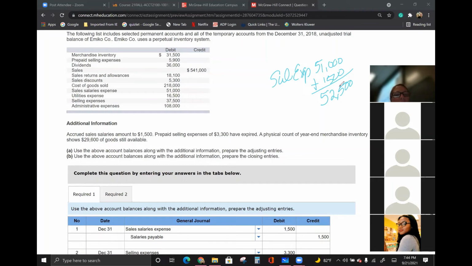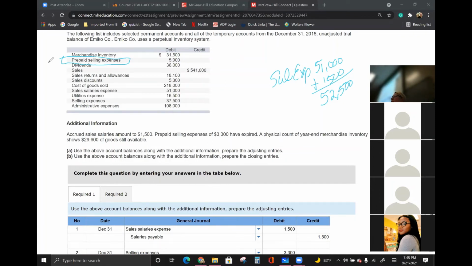Then it says prepaid selling expenses of $3,300 have expired. I'm looking here now at this account, prepaid selling expenses. I had on the books $5,900. So remember, when we were doing the adjusting entries, when we prepay something, we have that as an asset on the books because we've already paid for it.